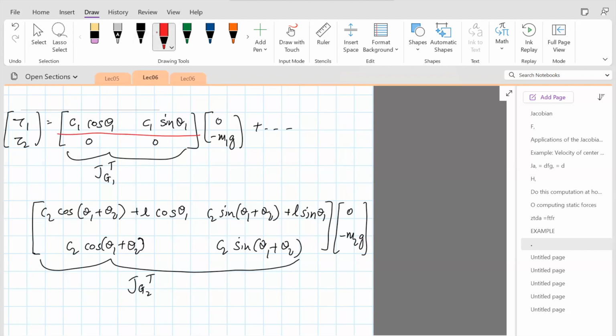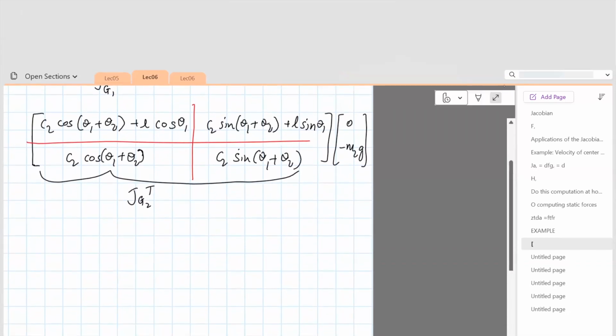Then remember that this is a 2 by 2 matrix. Similarly, this is a 2 by 2 matrix. Okay, so you can do the math on this.